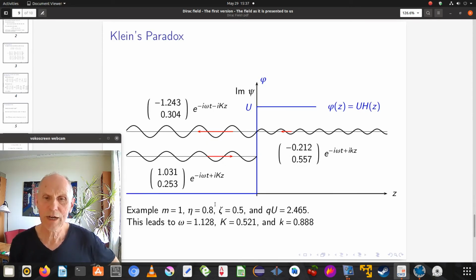In the first one, I have chosen the incoming particle having a rapidity of 0.5 and the outgoing rapidity of 0.8, and I put k up here, and that was actually silly, because when k comes out positive, then we know the momentum is that way, so the wave will actually move that way. Silly me, but let's look at it.